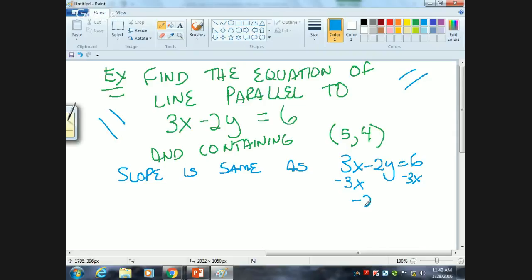And so I've got -2y equals -3x plus 6. And then to get y completely isolated, I can divide by -2, but I have to divide the entire side by -2. I've got y equals -3 divided by -2 is +3/2.